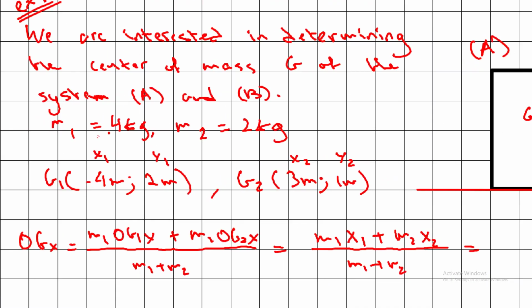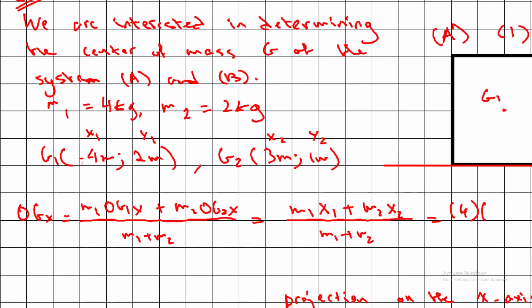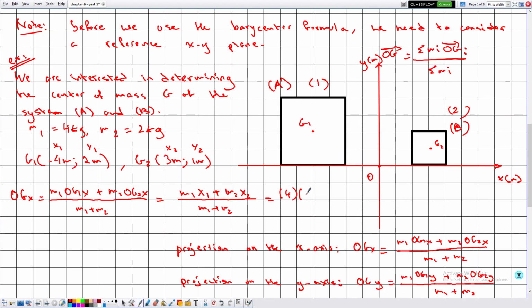Now the value of m1 is 4, the value of x1 is minus 4, the value of m2 is 2, and the value of x2 is 3, divided by the total mass, which is m1 plus m2, which is 4 plus 2.